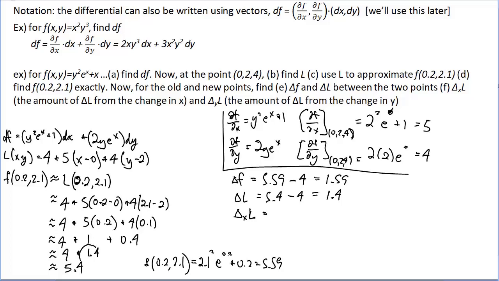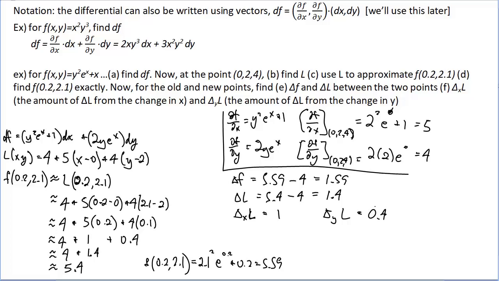We had our original Z value, which was 4, and then the change in the approximation, which is 1.4. But look at where 1.4 came from. It came from plus 1 and from plus 0.4. That first one is the change due to x. So delta sub x of L was just 1. Delta sub y of L is the final term in that calculation. Looking back over, that was just 0.4.